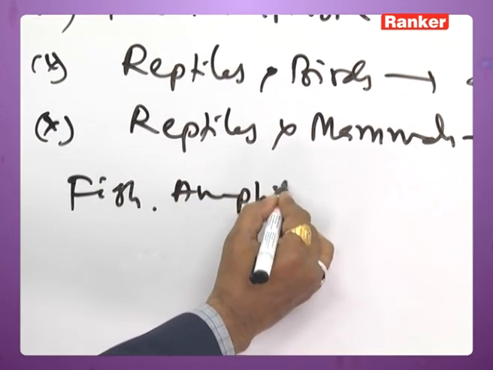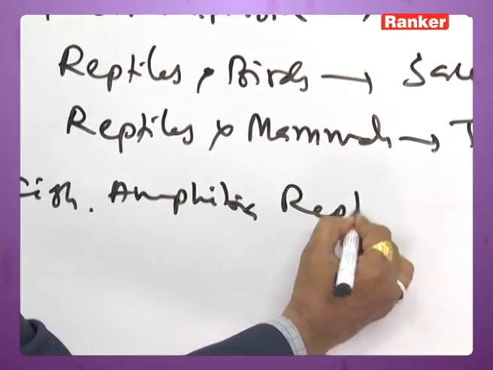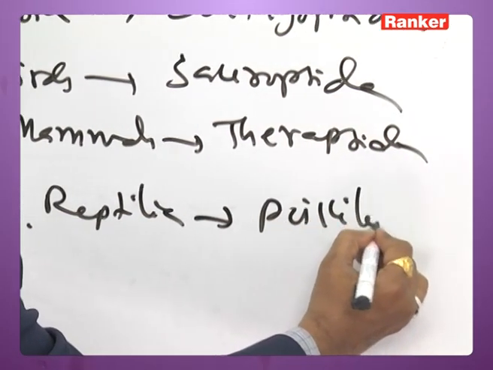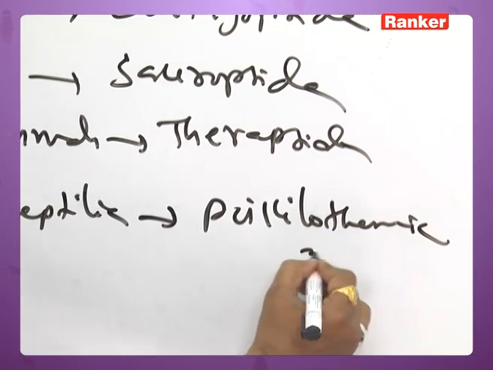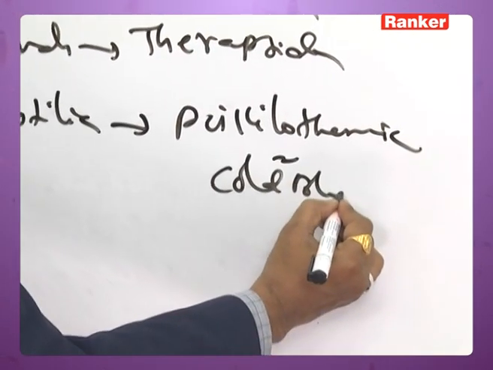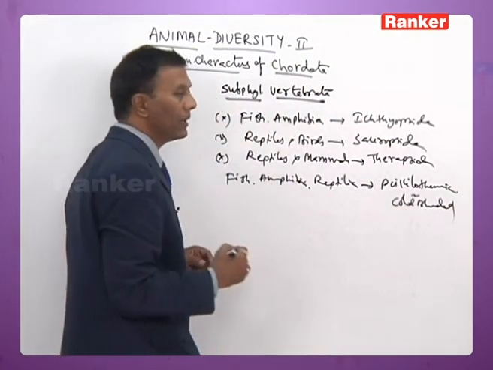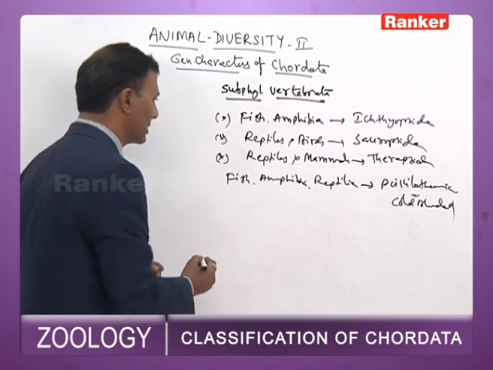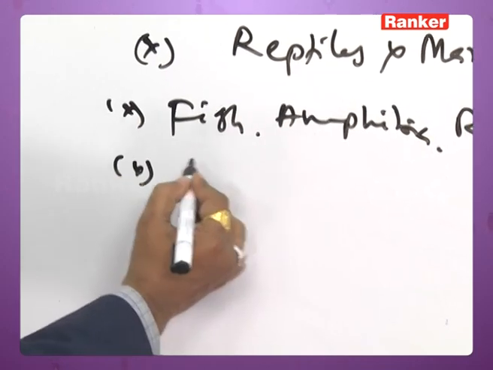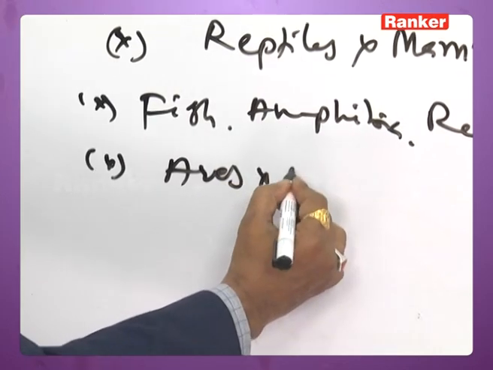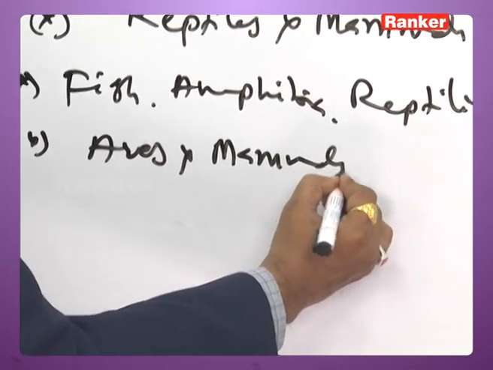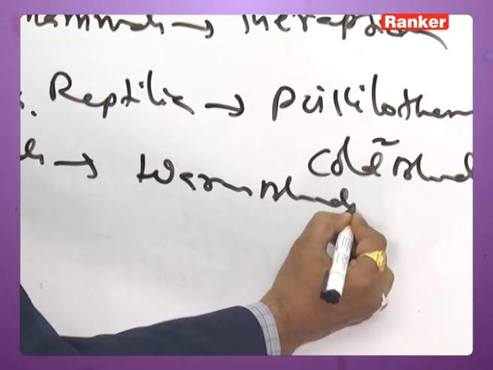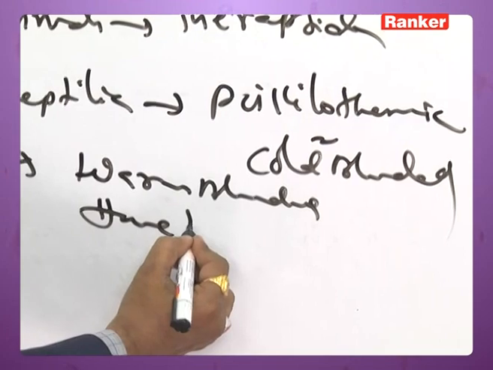Fish, amphibia and reptilia are poikilothermic or cold-blooded, where the body temperature keeps fluctuating with that of the surroundings. Birds and mammals are warm-blooded or homeotherms.